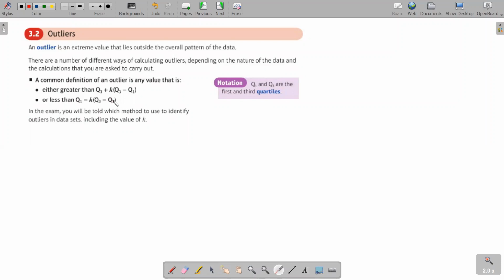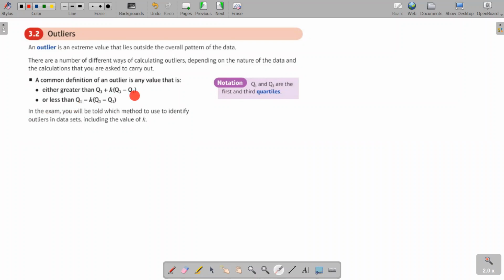Can you see what's going on here? They are giving you two boundary values to identify outliers. Any value exceeding the upper quartile plus K times the interquartile range is an outlier, or any value smaller than the first quartile minus K times the interquartile range is also an outlier.